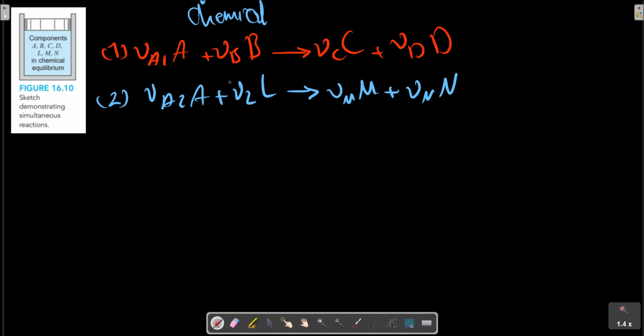We consider that each reaction proceeds an infinitesimal amount toward the right side.